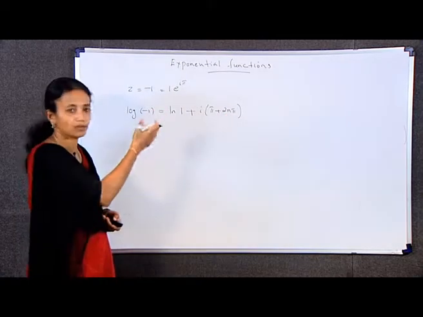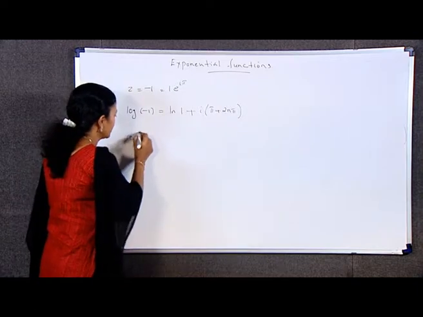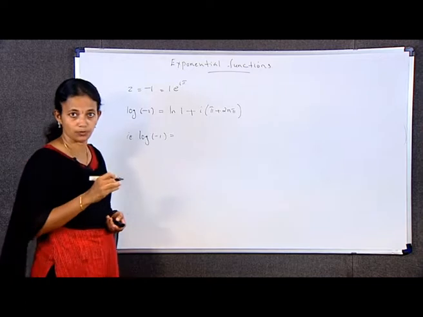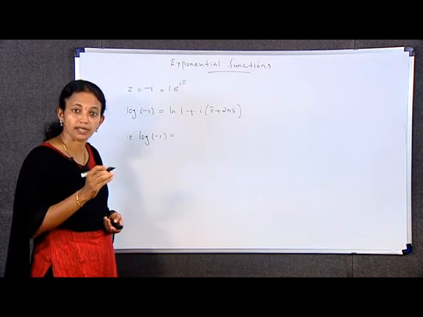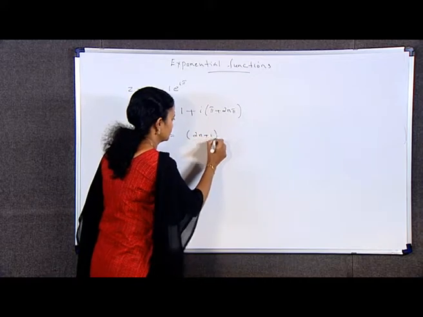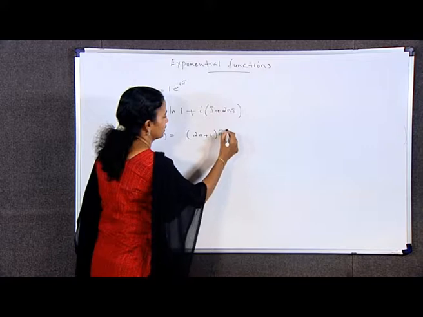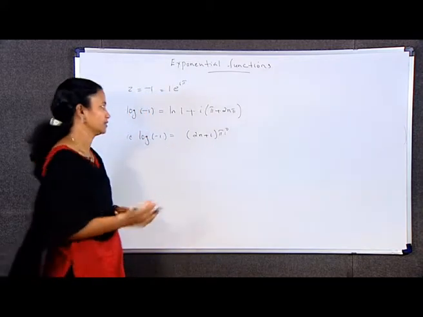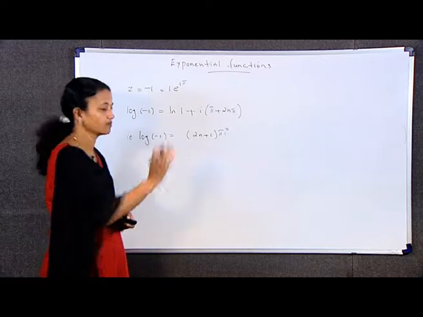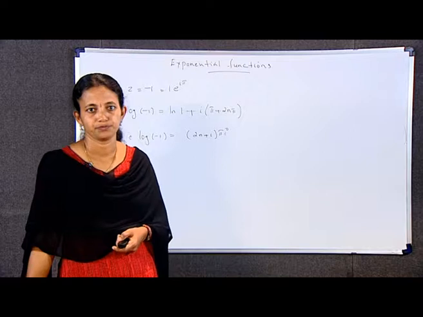We can write log minus 1 is equal to 2n plus 1 pi i, that is, we are taking pi outside. Of course, this n varies from 0, plus or minus 1, plus or minus 2, etc.